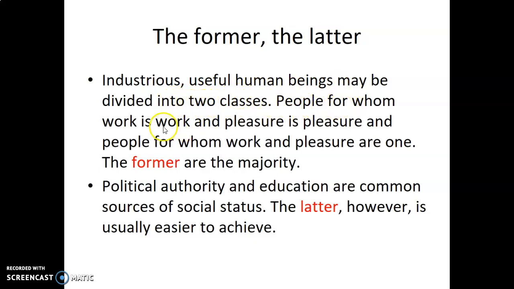People for whom work is work and pleasure is pleasure, and people for whom work and pleasure are one. So we have listed two types of people here. The first type is people for whom work is work and pleasure is pleasure. So they take them separately. What is the second one? And people for whom work and pleasure are one. So these people see work and pleasure in the same category, right?